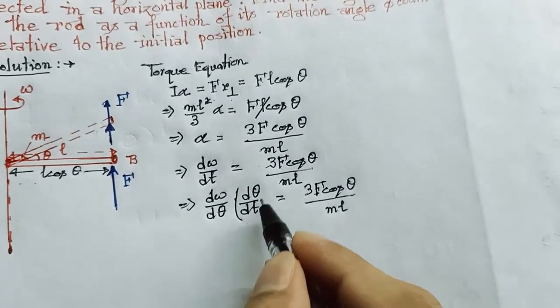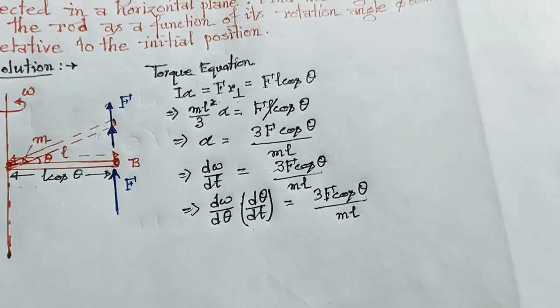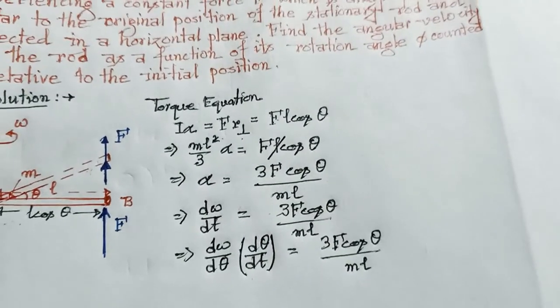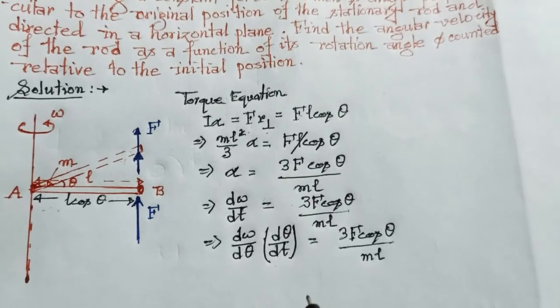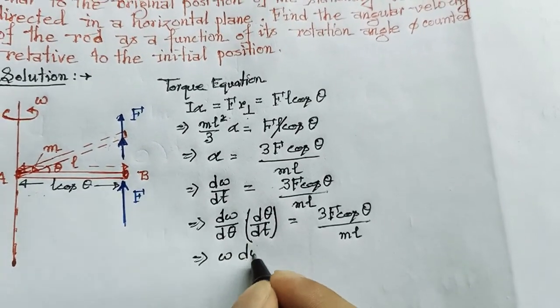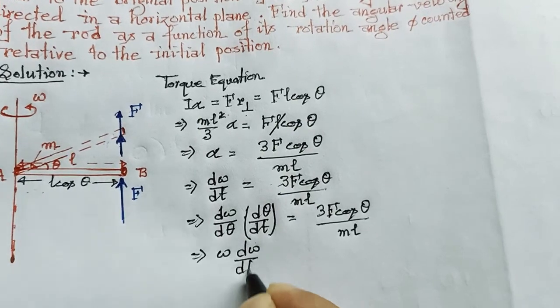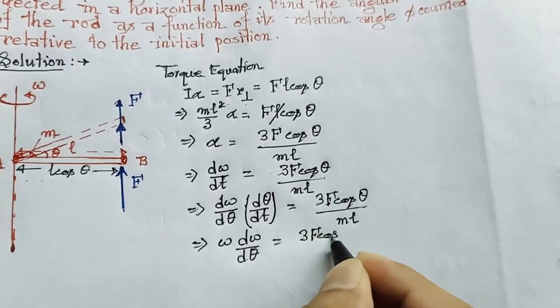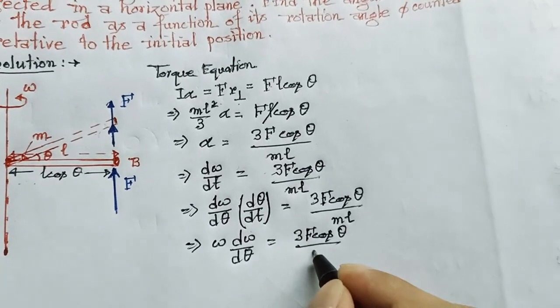Now this d omega by dt can be replaced by d omega by d theta times d theta by dt. Since d theta by dt is the rate of change of angle, that is the angular velocity omega, we can write omega d omega by d theta equal to 3F cos theta divided by mL.